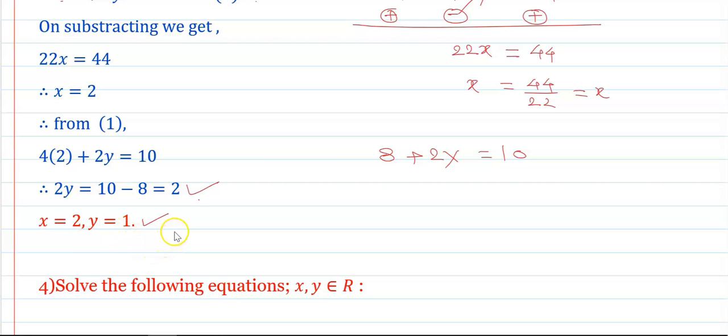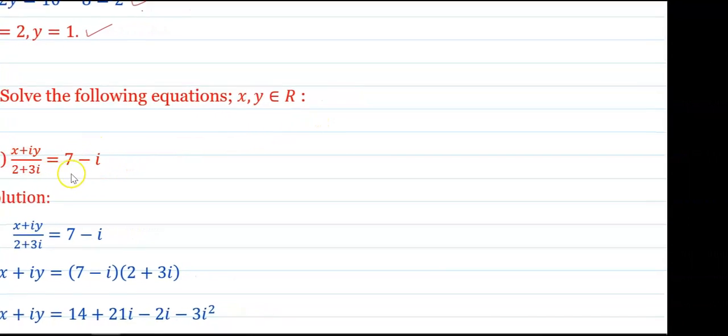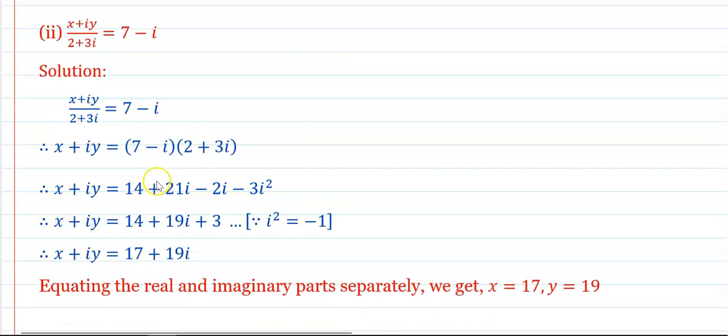Okay. Now the next, solve again the equation. (x plus iy) upon (2 plus 3i) is equal to 7 minus i. Next, here we will do cross multiplication. x plus iy is equal to (7 minus i) into (3 plus 2i).